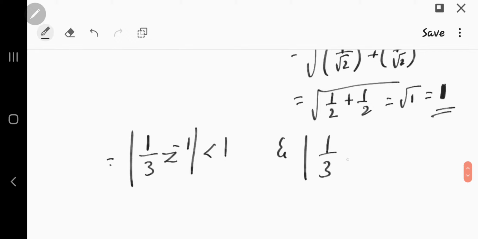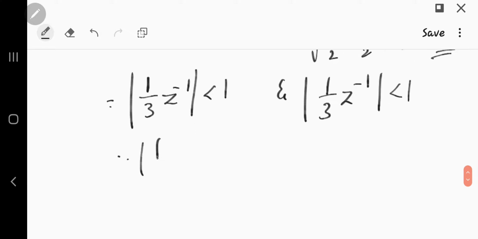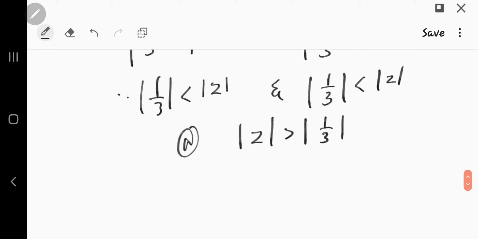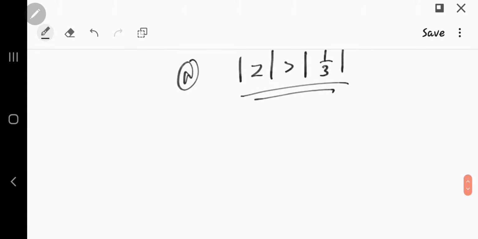So 1 by 3 z inverse less than 1. Therefore 1 by 3 less than z, or you can simply write z greater than 1 by 3. The meaning of this: we have a circle of radius 1 by 3 and the ROC is outside this circle. So this is the ROC.